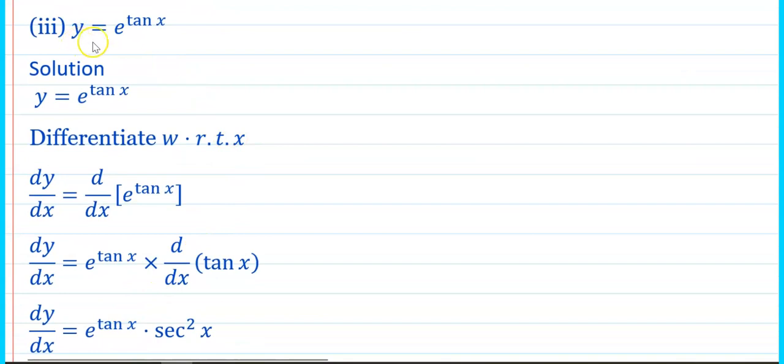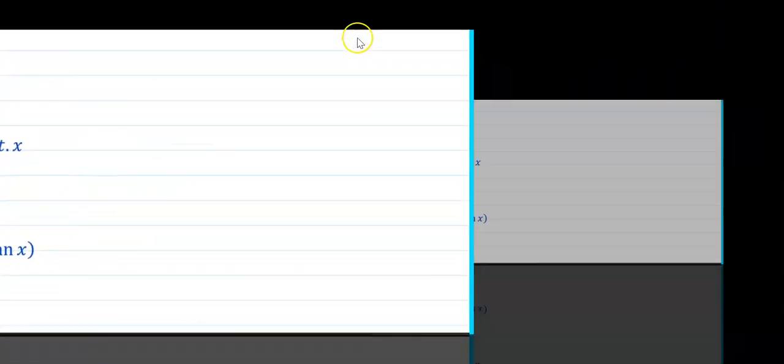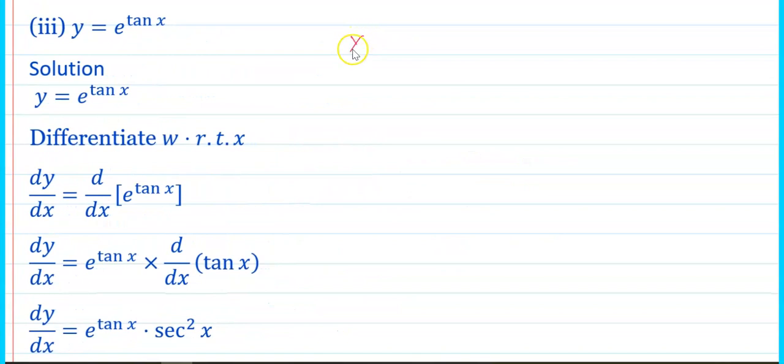Y is equals to e raised to tan x. Again, जर माझा फंक्शन जर असा राहिला असता, y is equals to e raised to x. Then what about its derivative? Its derivative is dy by dx is equals to e raised to x into derivative of x करत असतो इथे आपण, but derivative of x is 1. आणि मग ते आपण लिहित नाही.